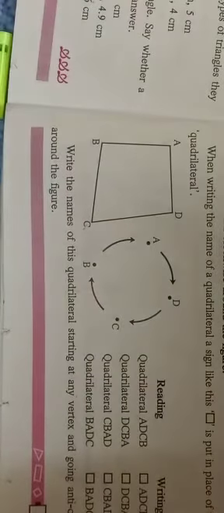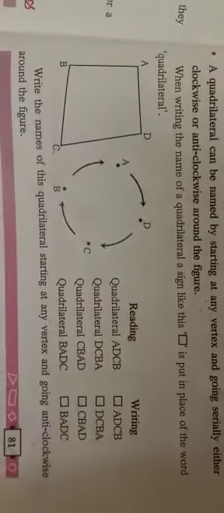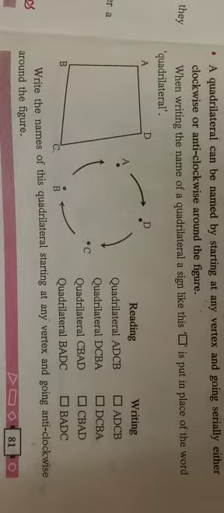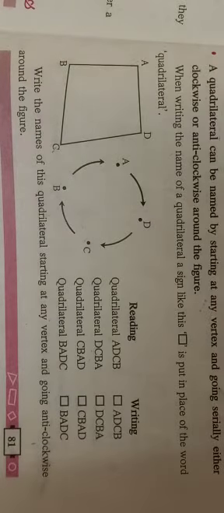This concept should be understood by you, because we are going to construct quadrilaterals. You have to draw quadrilaterals. You have to name the quadrilaterals. If you name the quadrilateral in a wrong way, it means you have not understood how to read the quadrilateral, how to write the quadrilateral, how to name the quadrilateral. So this is the fundamental thing, how to name the quadrilateral.